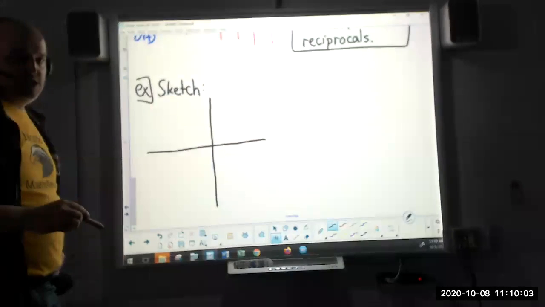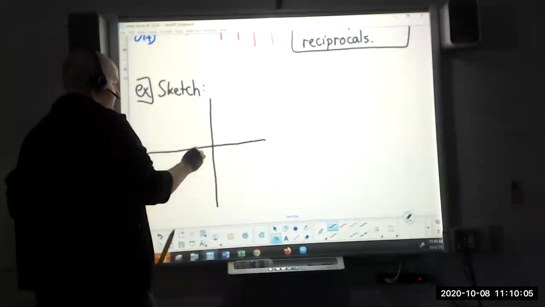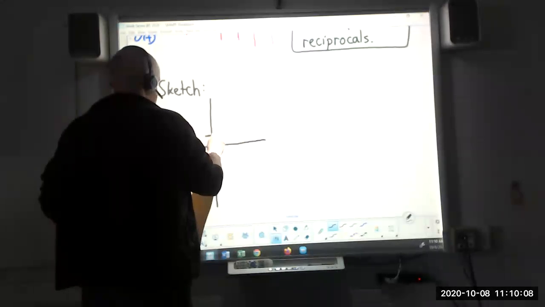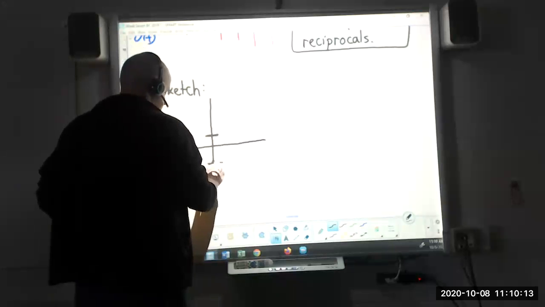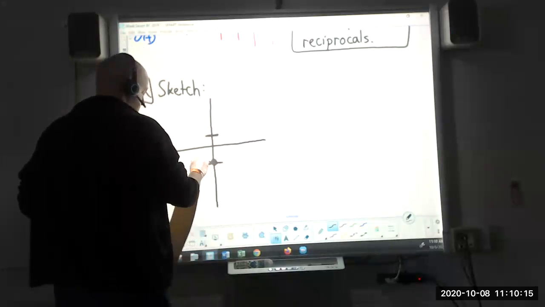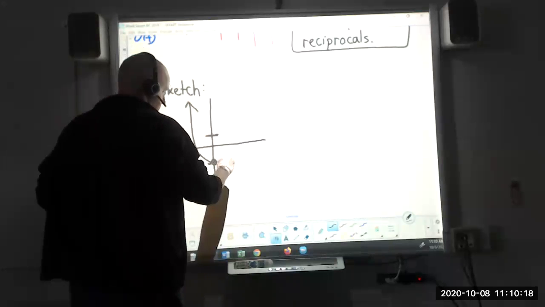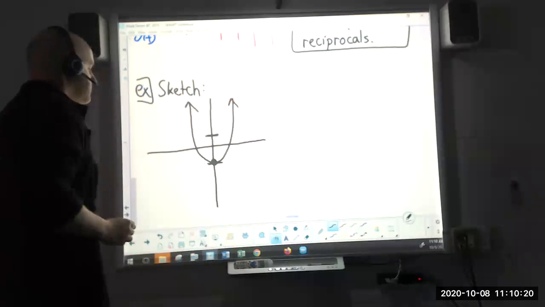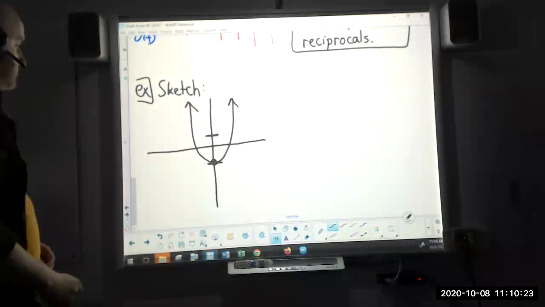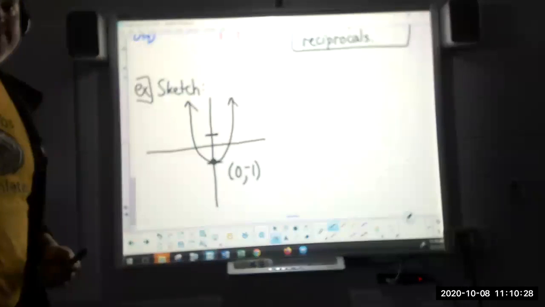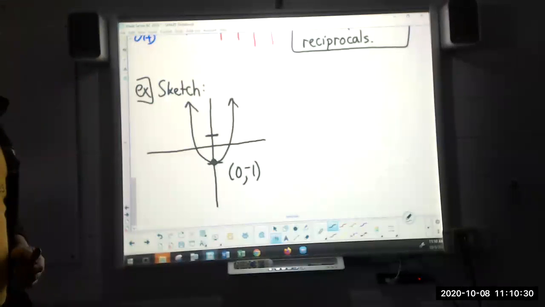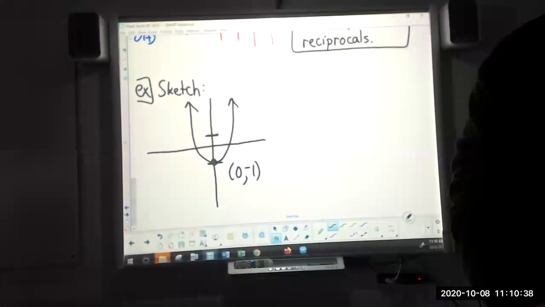So the inverse, that's what you're after. I will tell you that's 0, -1. Okay, so no equations, no thinking about equations, no writing formulas, no doing tables, none of that. Just want you to sketch what the inverse looks like.